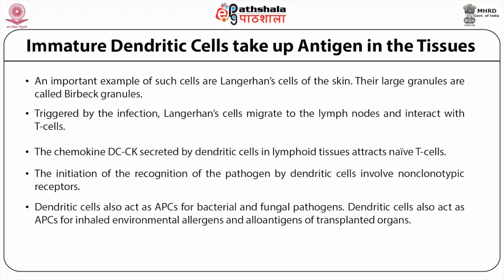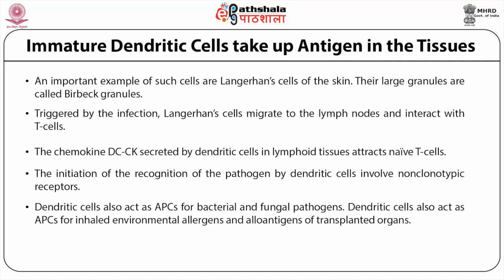Dendritic cells also act as APCs for bacterial and fungal pathogens. Dendritic cells also act as APCs for inhaled environmental allergens and alloantigens of transplanted organs. The stimuli activating lymphatic lining encourage migration of dendritic cells to the nearby lymph node.